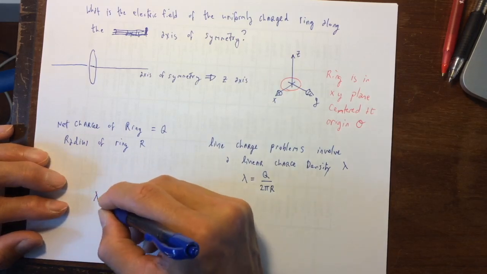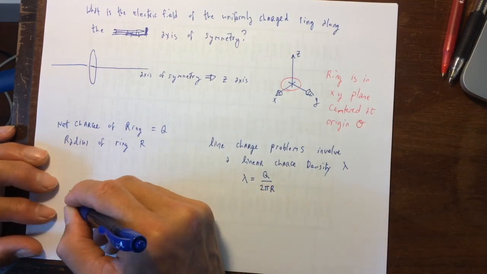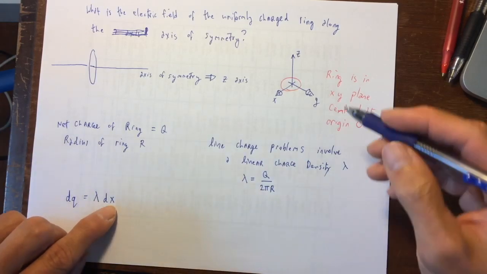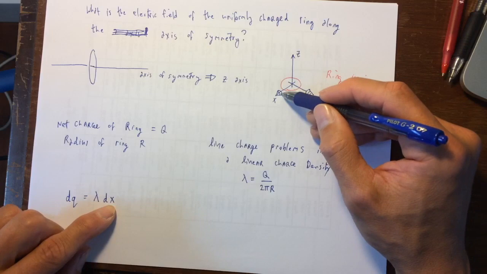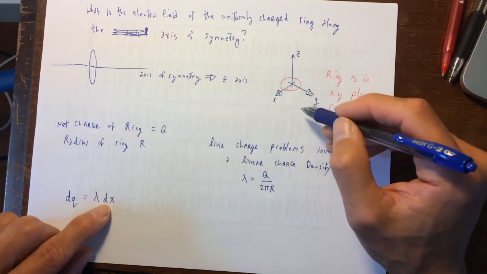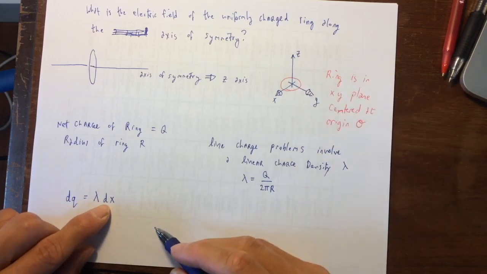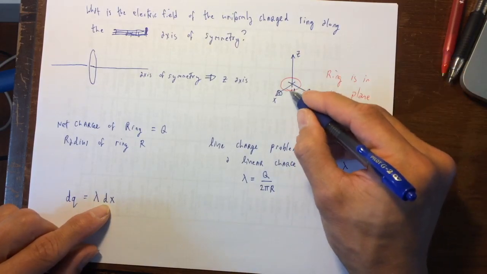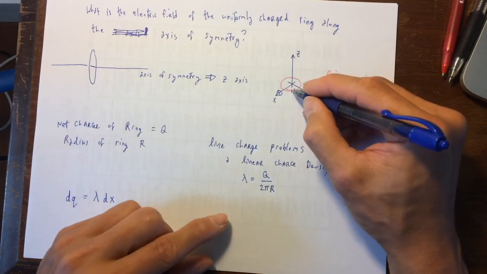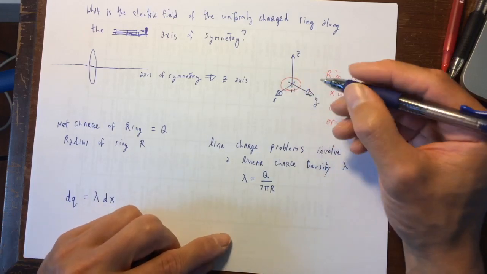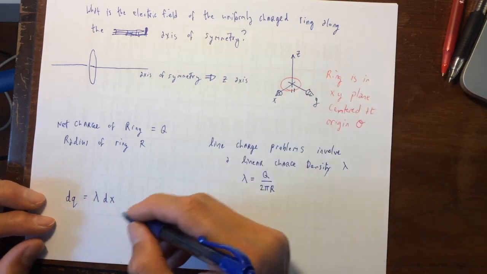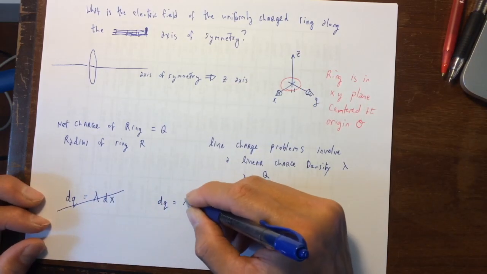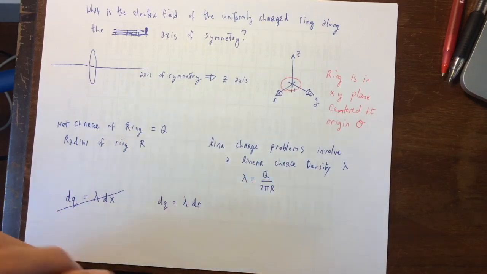Earlier we used lambda dx to describe a small amount of charge, but we don't necessarily move along the x-axis or the y-axis alone to move along the ring. We have to move along the edge, and moving along the edge, or along the circumference, is often described as ds.